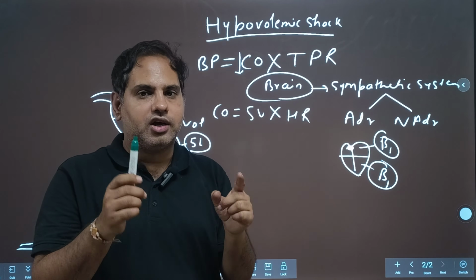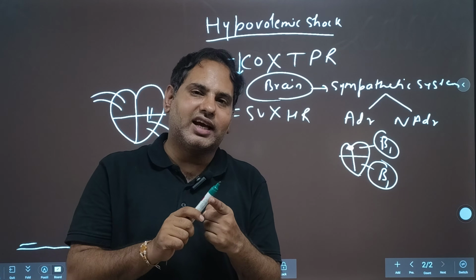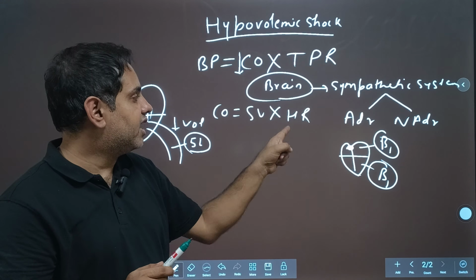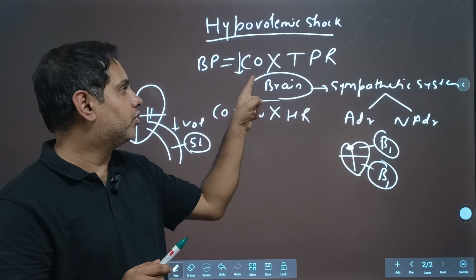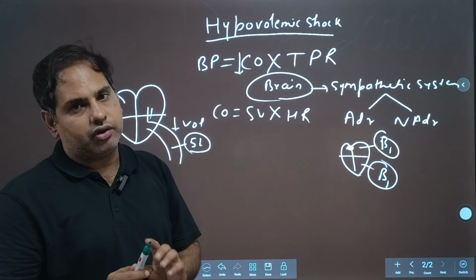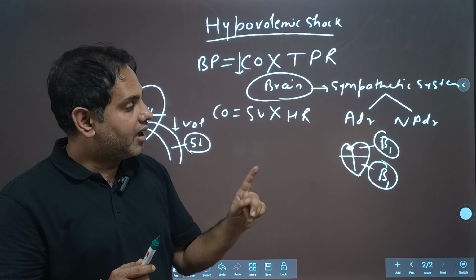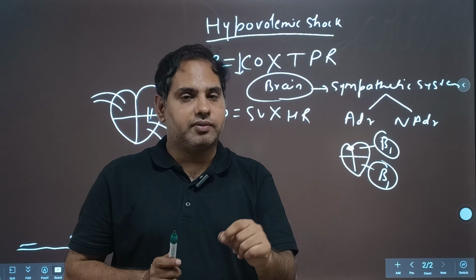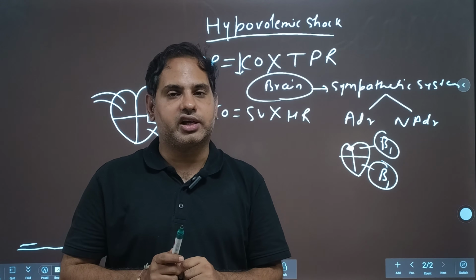So beta 1 receptor on the SA node, if stimulated, results in tachycardia, and the increase in heart rate will increase the cardiac output, and cardiac output will maintain your blood pressure. That is one mechanism by which beta 1 receptor stimulation results in maintenance of your decreased blood pressure.